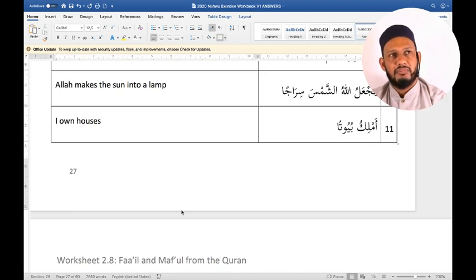Sometimes it's something being made into a place. Like Allah could say, and He made in the earth mountains. Therefore, in the earth is like a place, and then mountains are what He made in the earth. But that's going to be a bit more advanced for later. For now, the first thing is made into the second thing.